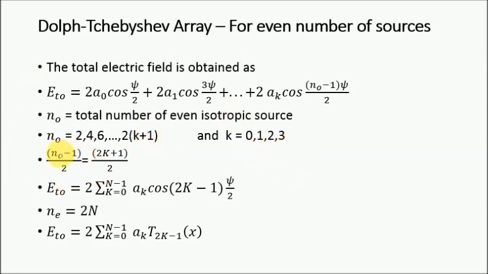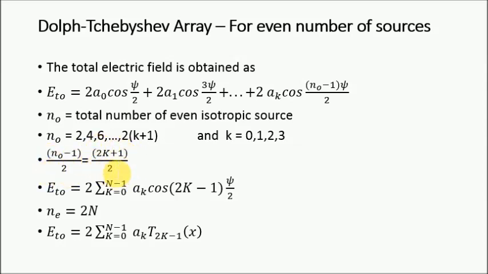Now if you take the term n minus 1 and divide by 2, it becomes 2k plus 1 divided by 2. How? You can see here it is 2k plus 2 minus 1, so it becomes 2k plus 1 divided by 2.